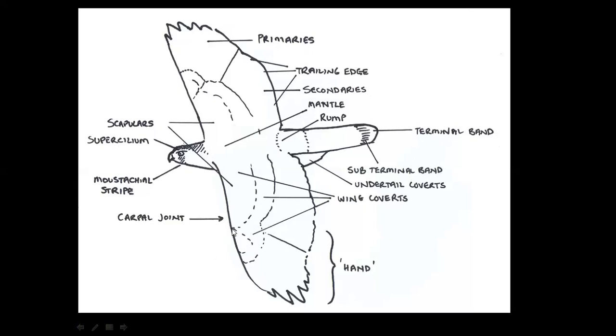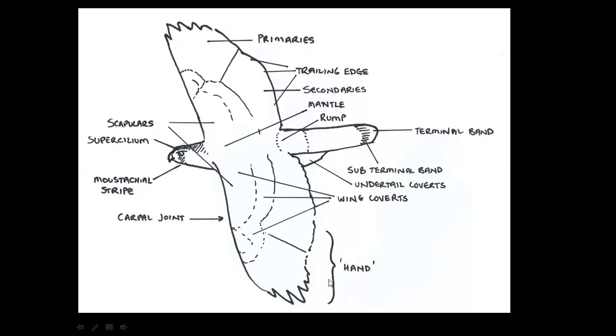And very importantly, halfway along the wing or thereabouts, you've got the carpal joint. And quite a lot of raptors have got coloration around the carpal joint, and I'm going to be referring to that. That's where the wing bends, of course, when we see a bird going into a glide. So that's a very quick and rather crude anatomical assessment of a bird.